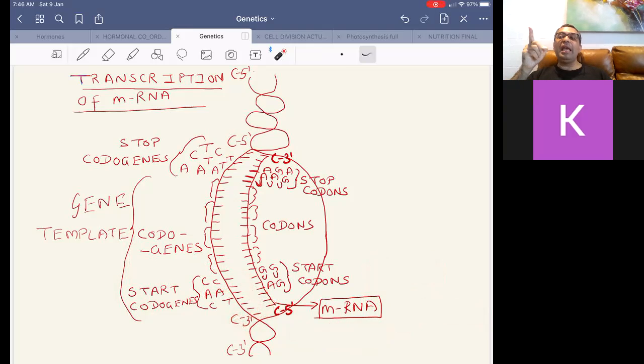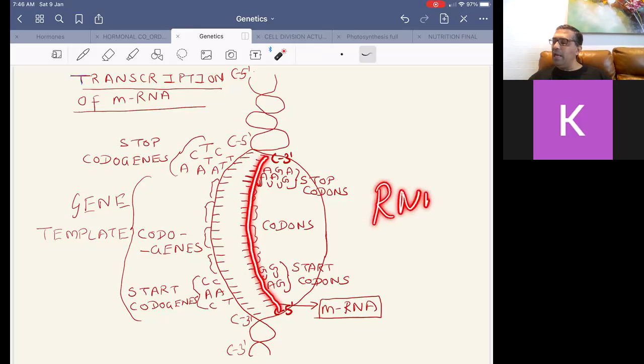If you remember, in DNA replication we had two separated strands. This was the template. And who brought the new nucleotides? DNA polymerase. So in DNA replication, DNA polymerase brought the new nucleotides. In RNA formation, RNA polymerase will bring in new nucleotides. So now check this carefully. You have G, then what will be the complementary mRNA?